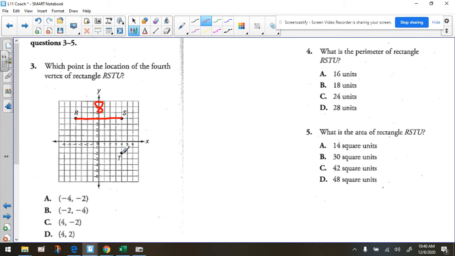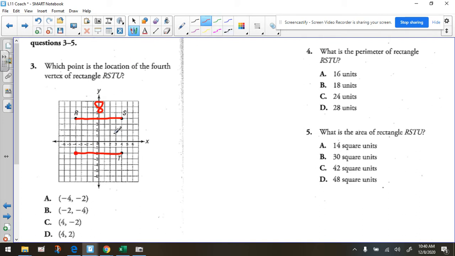So count from here, go 8 units in this direction, and stop when you have 8. Then put a dot.